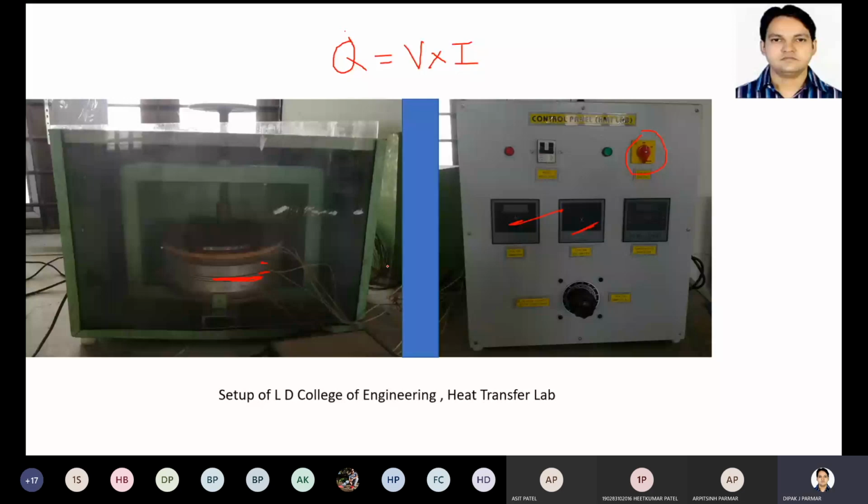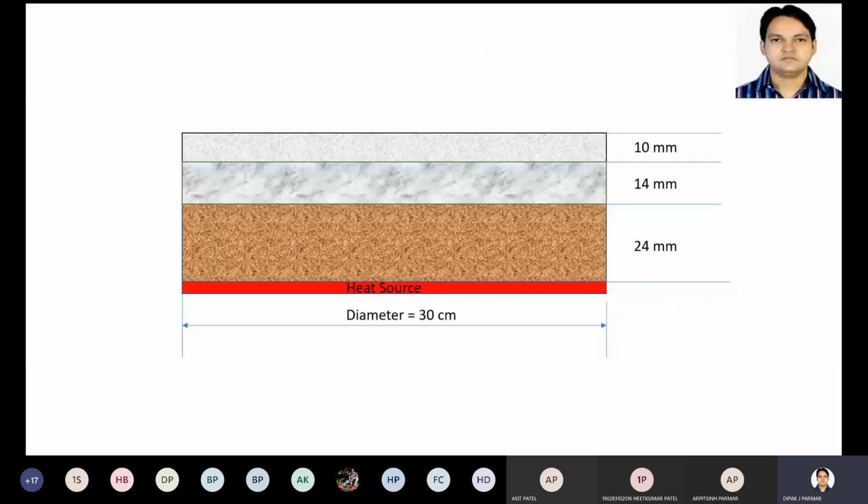Now, to understand it better, I have made a graphical form of our apparatus. This is your heat source where you are supplying voltage and current, so that it will be converted into heat.